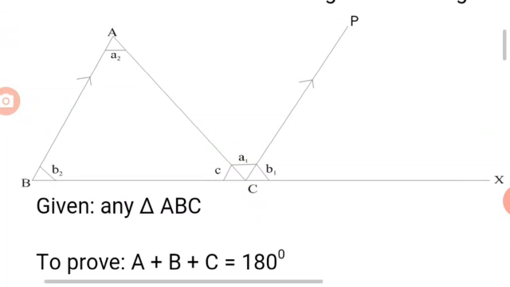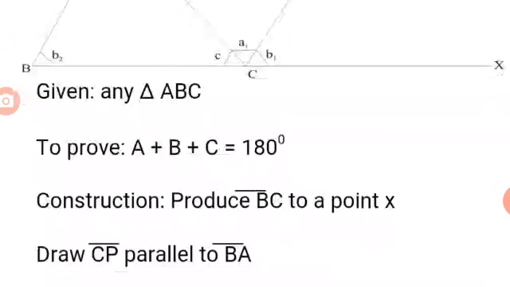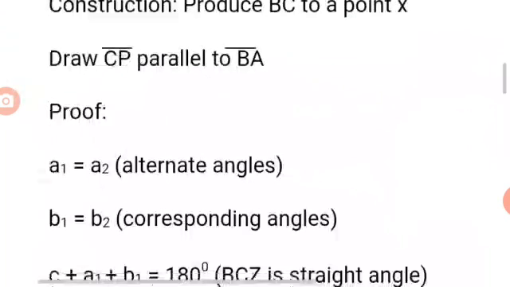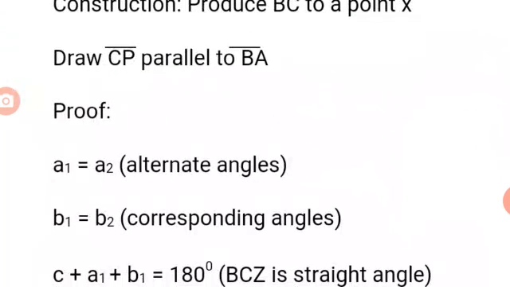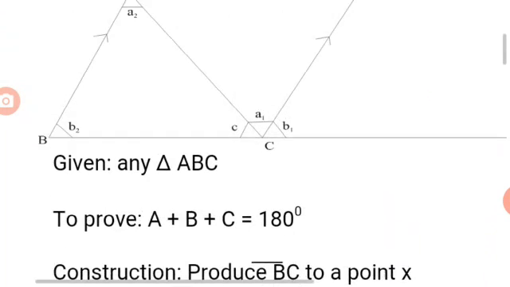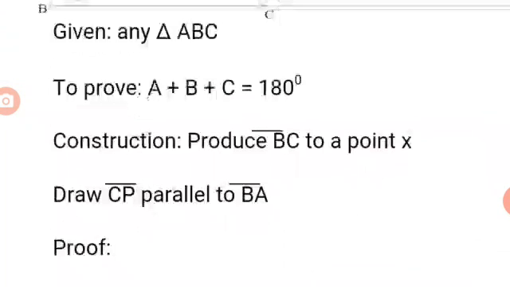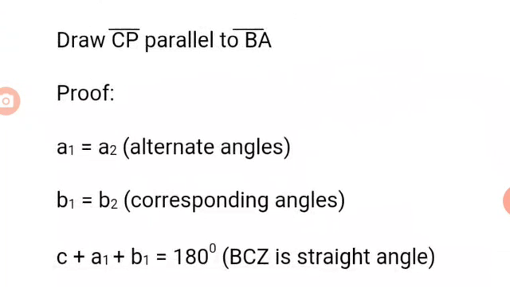That is the one that has arrows. Is that clear? And they are parallel. Are we together? Now to prove that A1 is equal to A2. That is alternate. They are alternate angles.